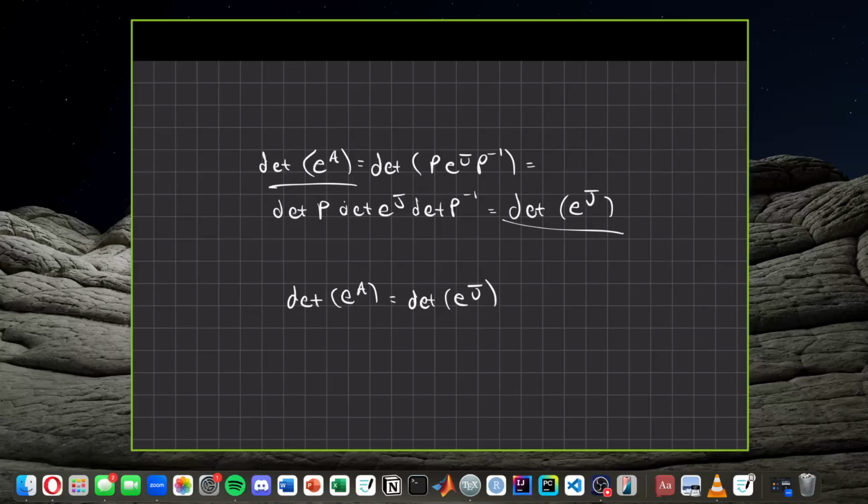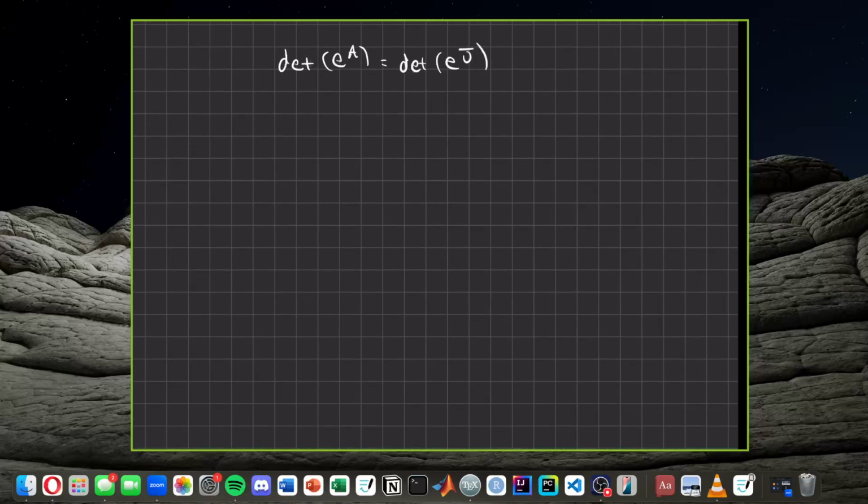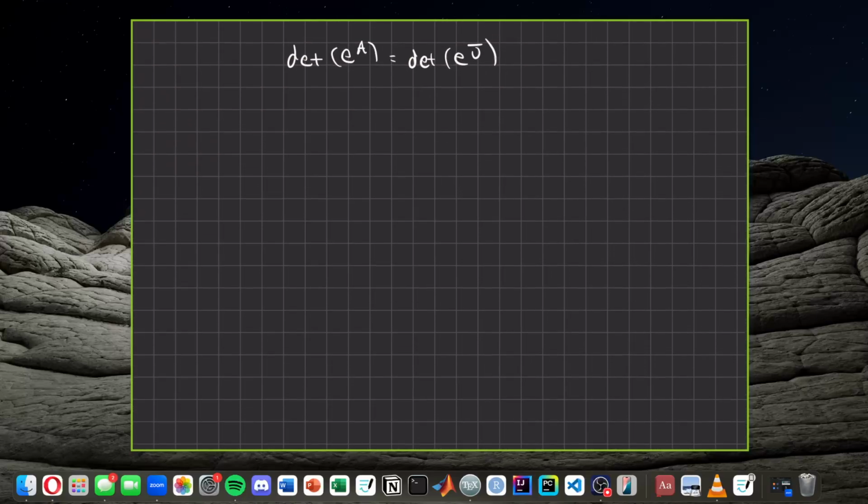If we were to just look at a single Jordan block J, and I've been just using J in this case, this is J sub A, the Jordan matrix of A, but I was just using J for simplicity, but now I'm going to use J in a slightly different way. I'm going to be considering J as a single Jordan block.